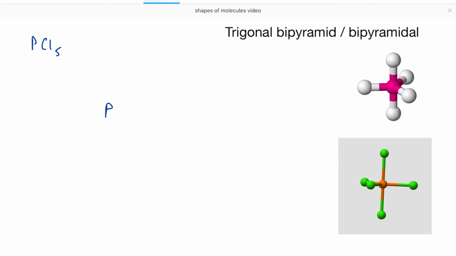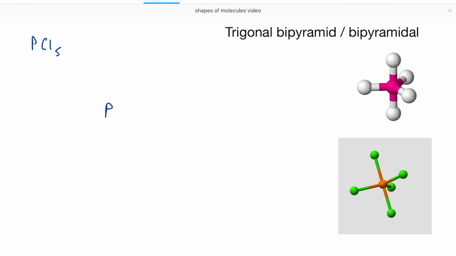The last shape I want to look at is trigonal bipyramid or bipyramidal. Hopefully you should be able to see that what we have here are 3 atoms that are in the same plane, and then one above and one below, so very similar to an octahedron. In this case, because of that, we're going to have 2 different bond angles.